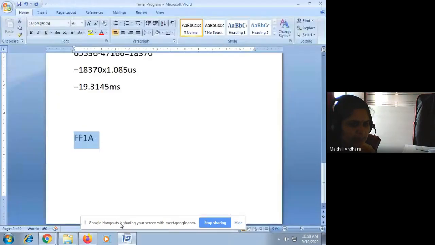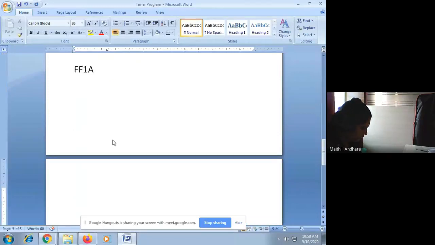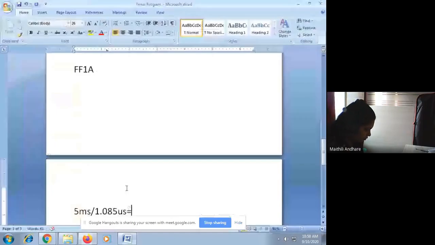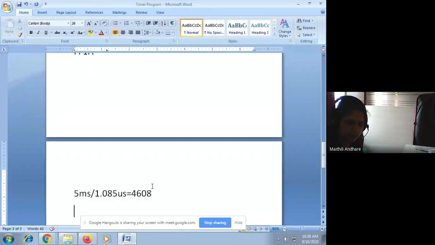Again I will write it in the Word doc: 5 millisecond divided by 1.085 microsecond. So you will get some value. What value are you getting? 4608. Whatever the value, this value is nothing but your count.